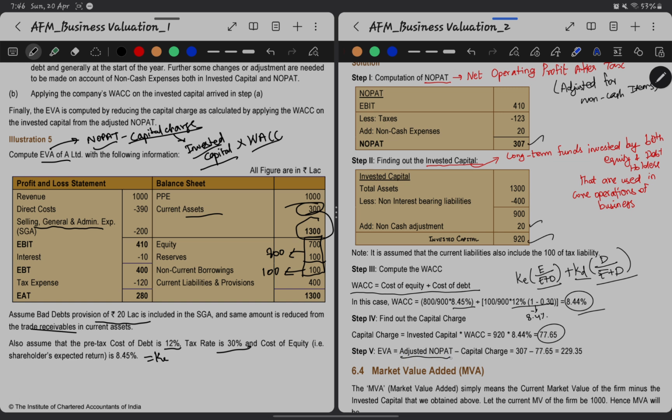We have adjusted the non-cash items, hence 307 minus capital charge of 77.65. Hence the economic value added is 229.35. I think these amounts are in lakhs. So 229.35 lakhs. Thank you.